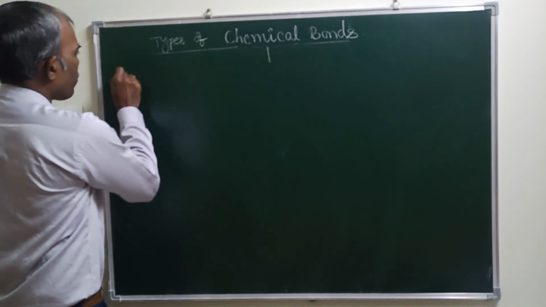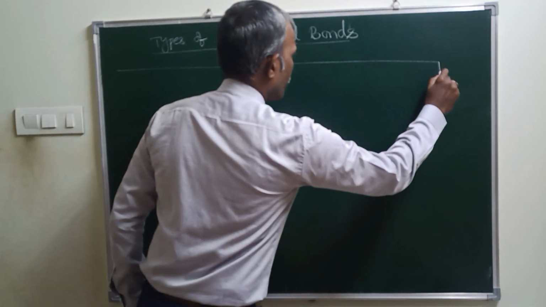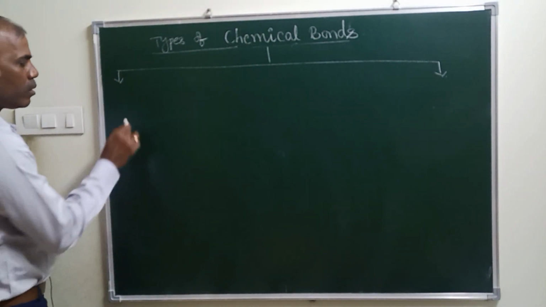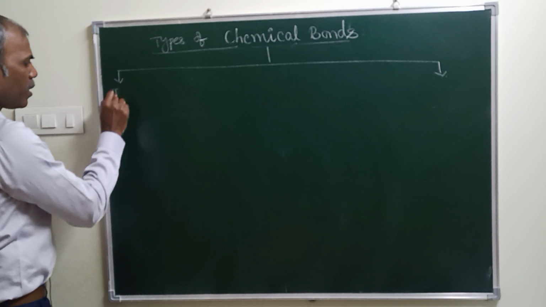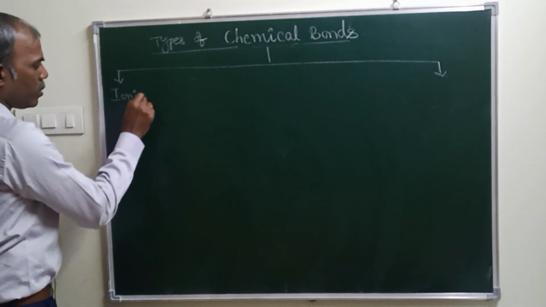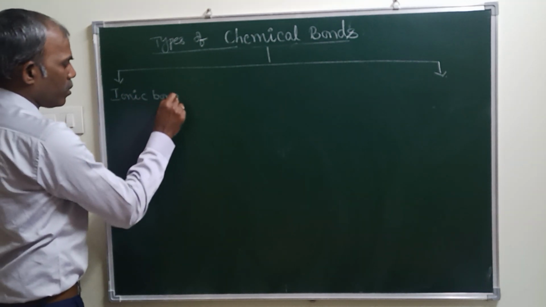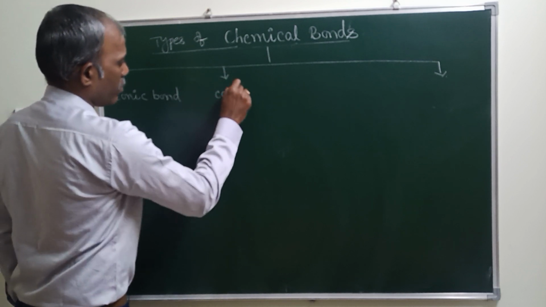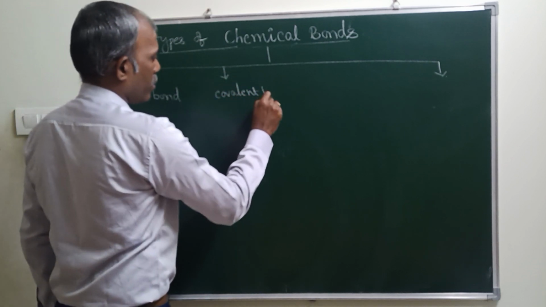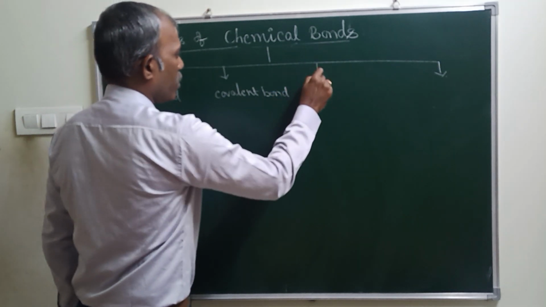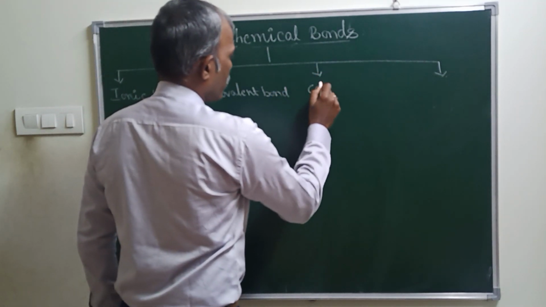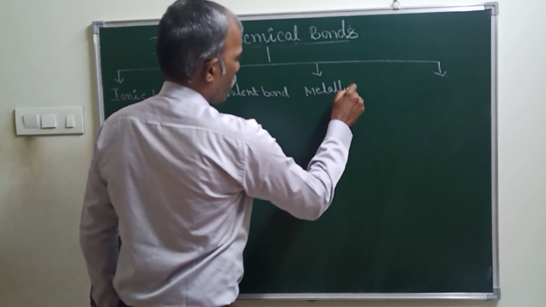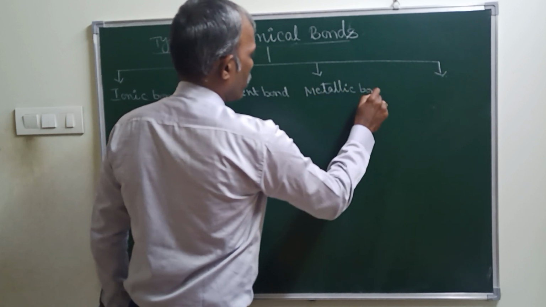So the types of chemical bonds are: first one, ionic bond. Second one, covalent bond. Third one, metallic bond.